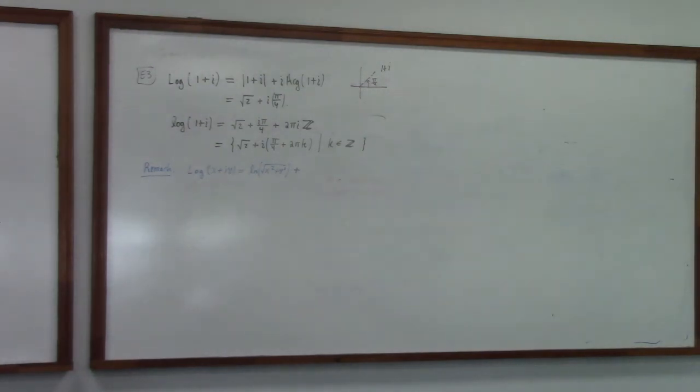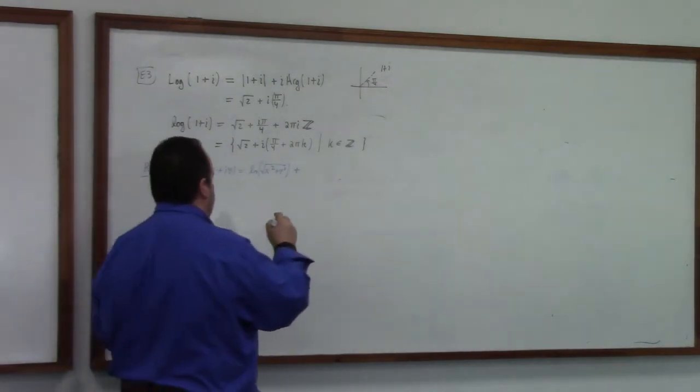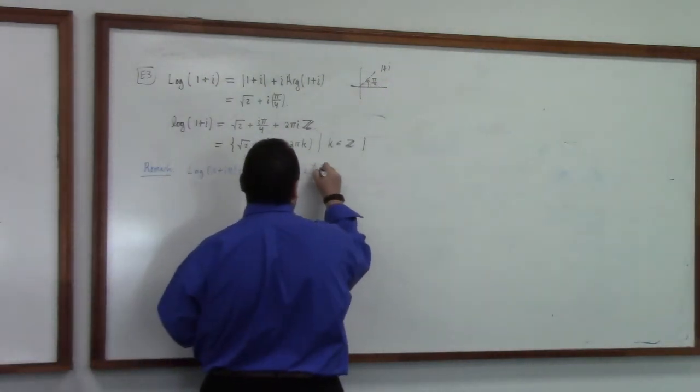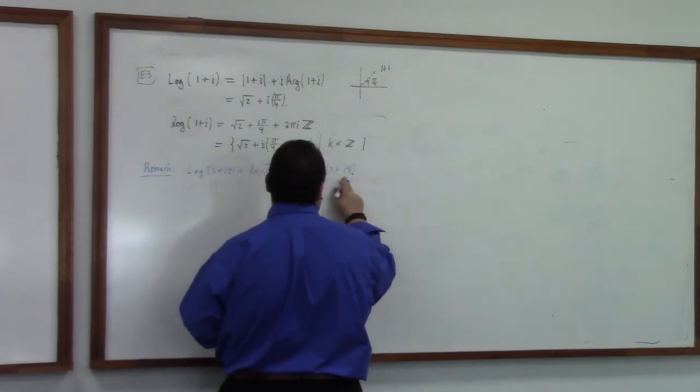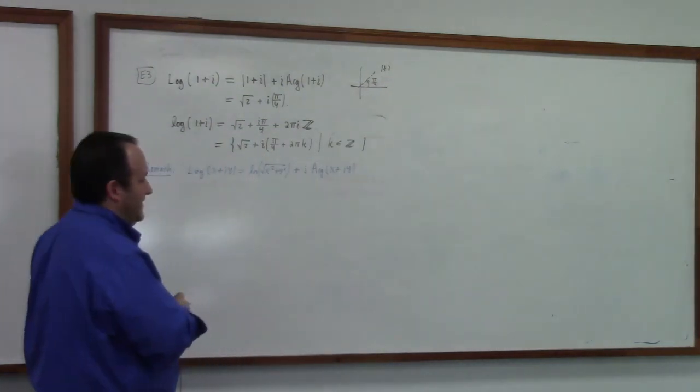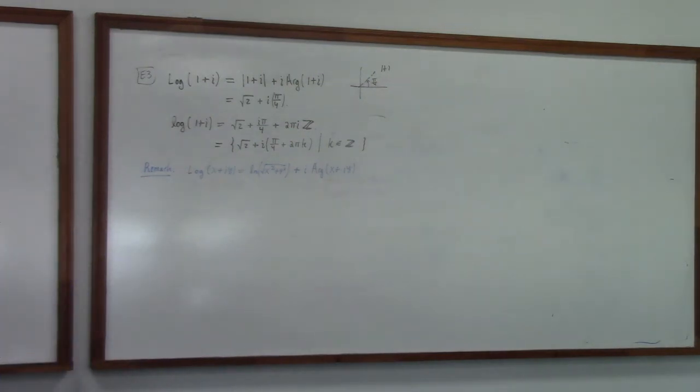Oh man, there is a typo in my notes. Definition 1.6.2 is incorrect. I just have plus iy here, which is not right. It's plus i times the argument of x plus iy. What is the argument of x plus iy? It's complicated. You've got to find the standard angle of that.